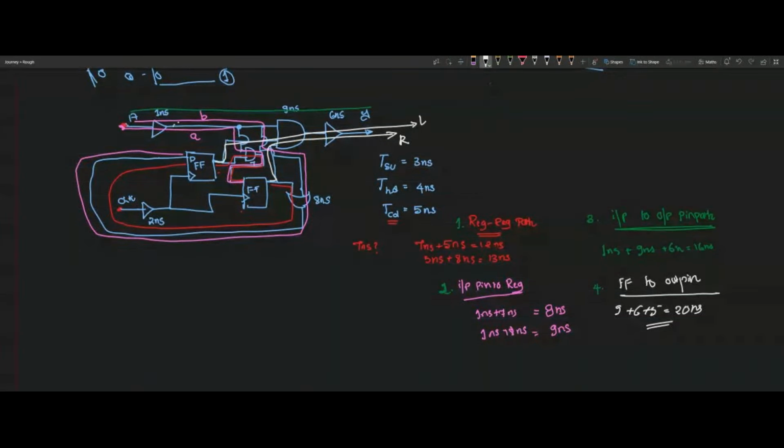So it is always recommended for any circuit to put one register at the input and output, so that register to register we can properly analyze the delay, setup violation, hold violation, all this analysis we can do.